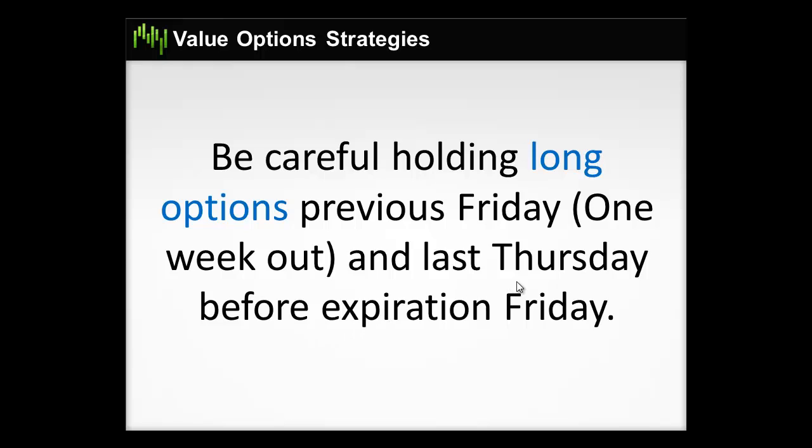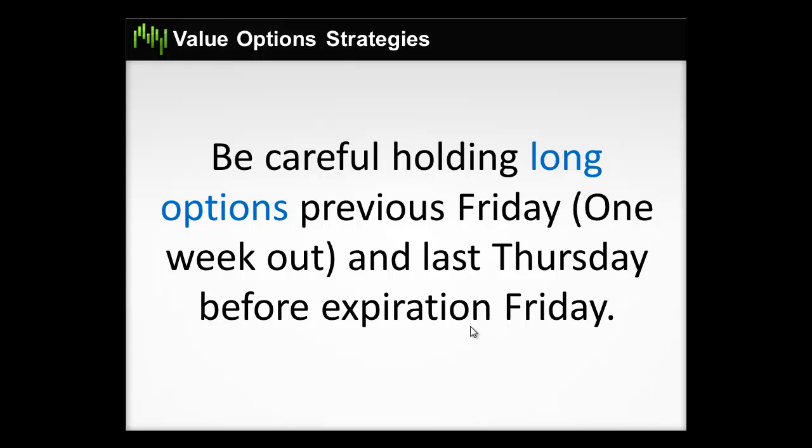And then also same thing, holding overnight Thursday before Friday expiration. Same principle, because if you buy it Thursday evening, if an options contract expires tomorrow on Friday, that night, all night long is quite a bit of the percentage of time that remains in the options contract.